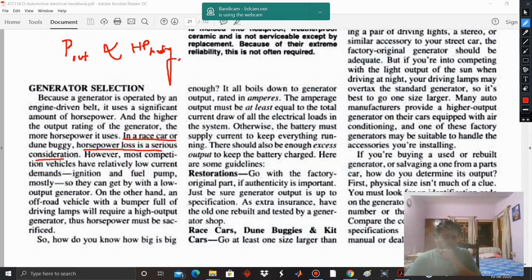On the other hand, an off-road vehicle with a bumper full of driving lamps will require a higher output generator. Thus the horsepower must be sacrificed. So actually, a racing car can have a low output generator because they have relatively low current demands.